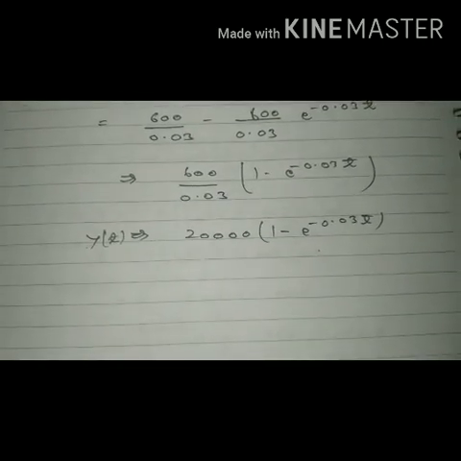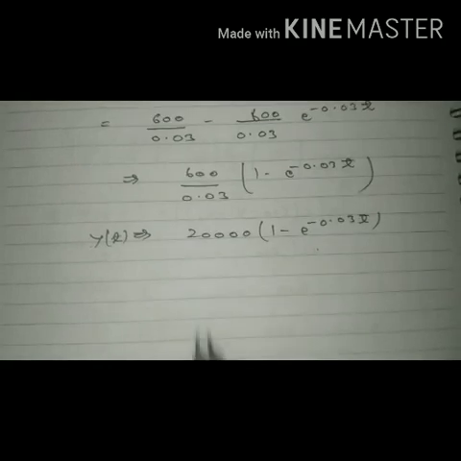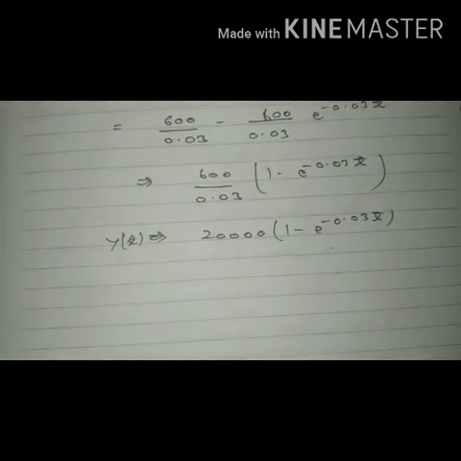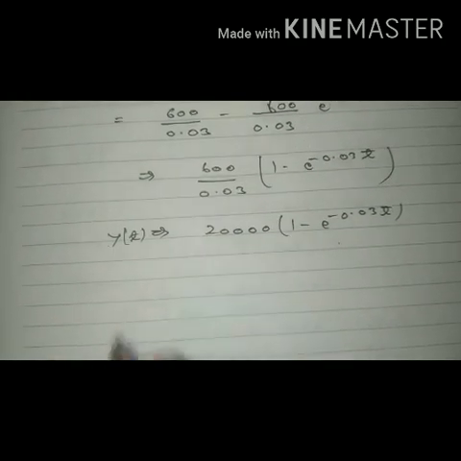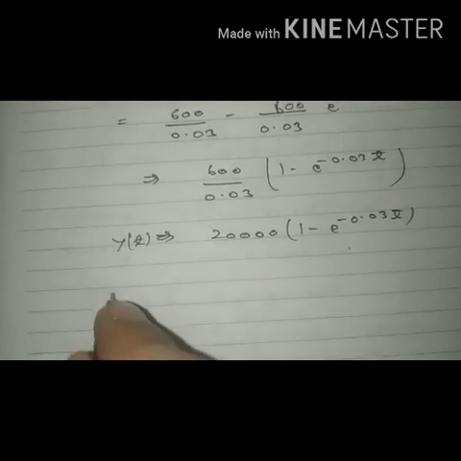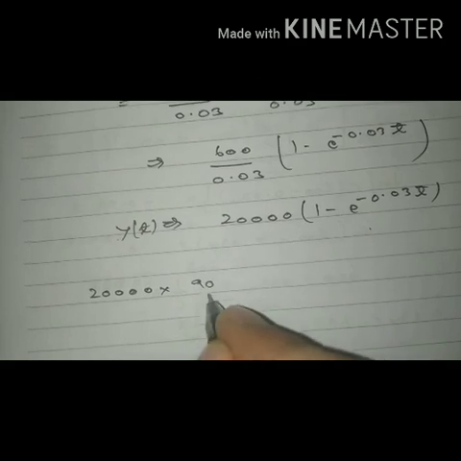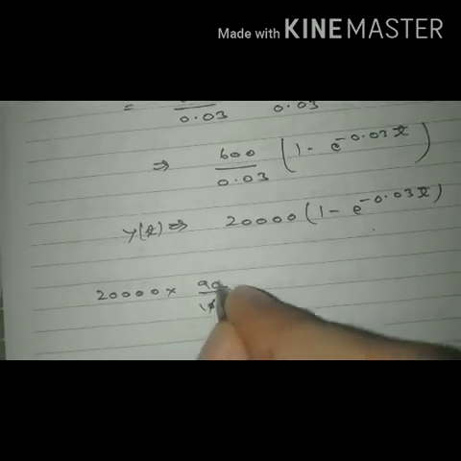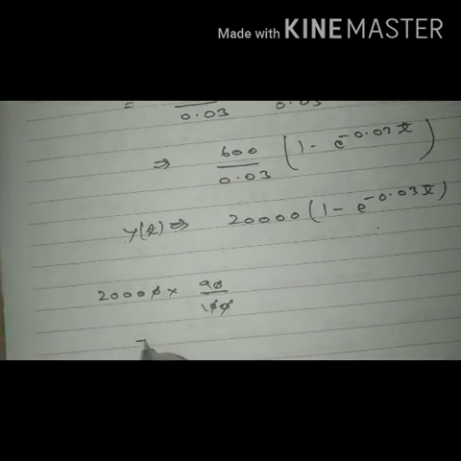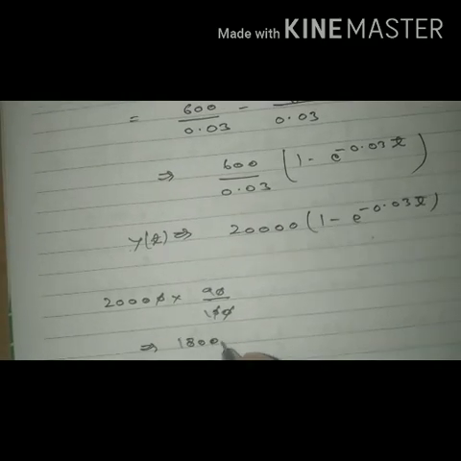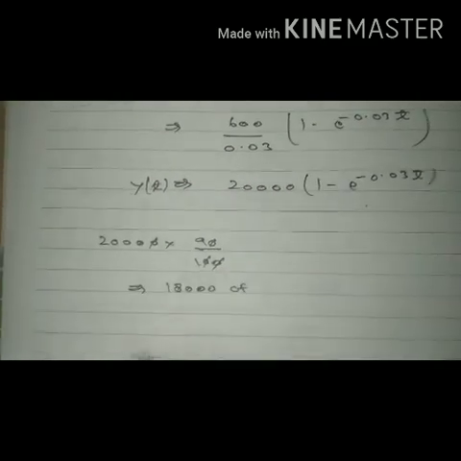Now we need to calculate the time at which 90% of fresh air is present in the container. For that, we first need to calculate 90% of 20,000, which comes out to be 18,000 cubic feet.